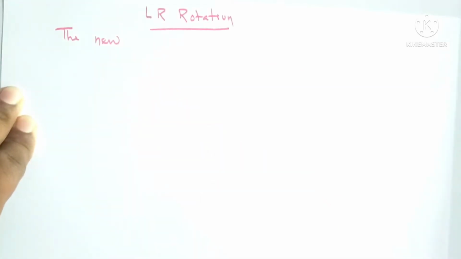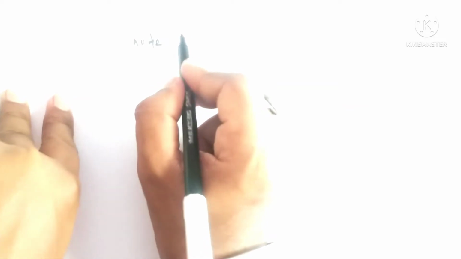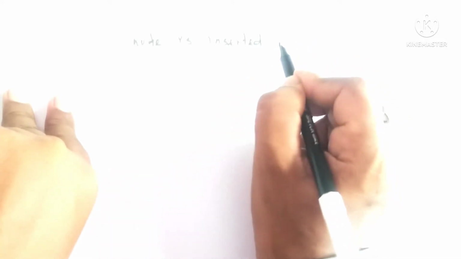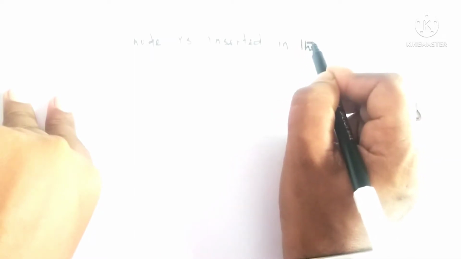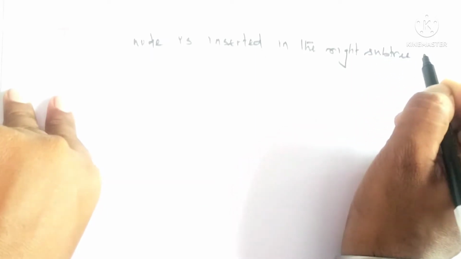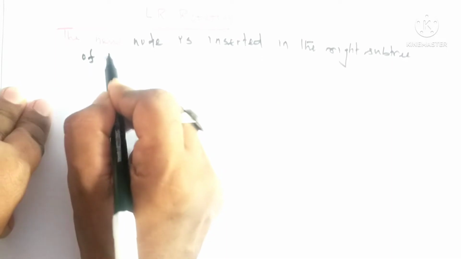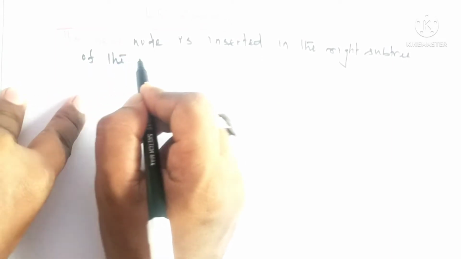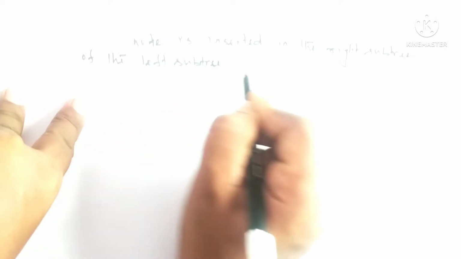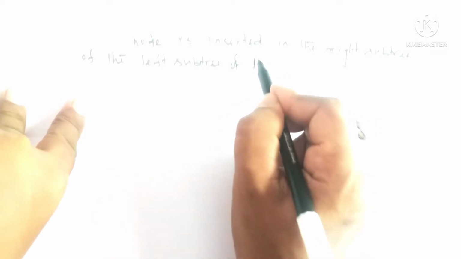The new node is inserted in the right subtree of the left subtree of the critical node.